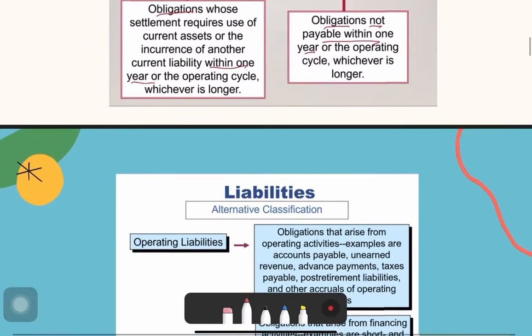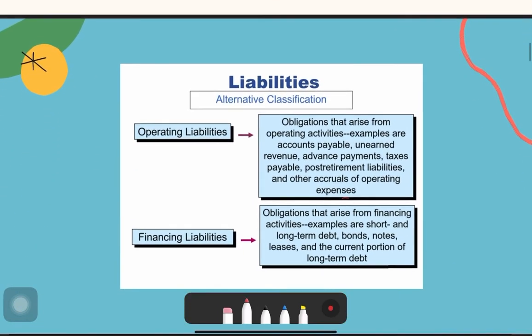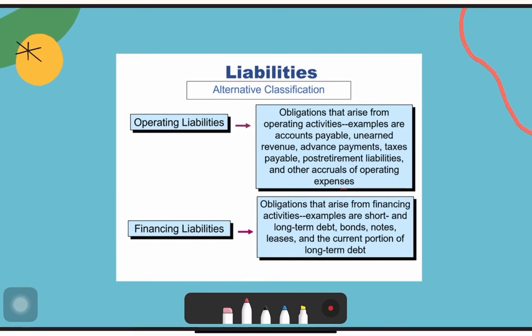Another alternative classification of liabilities is operating liabilities and financing liabilities. Operating liabilities are obligations that arise from operating activities.